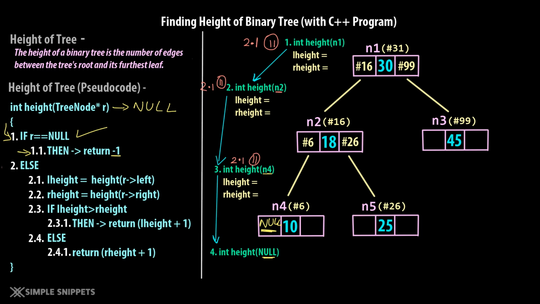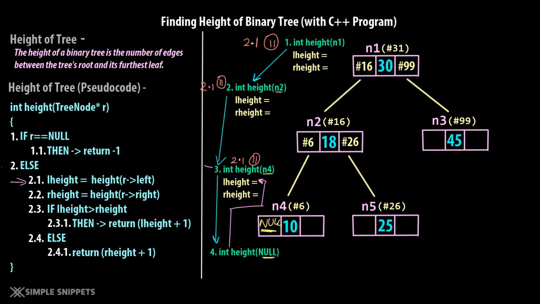So now this fourth int height call will return back to its calling function with a -1 value, correct? You can see return -1, and this -1 will be stored in this L height. So why is that so? Remember, the third int height function call was paused at step number 2.1.